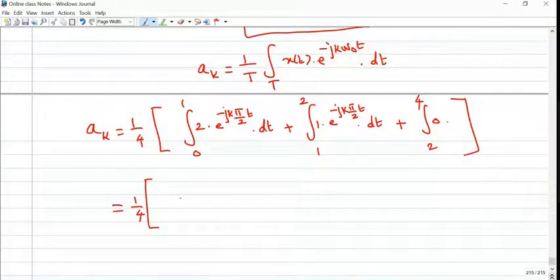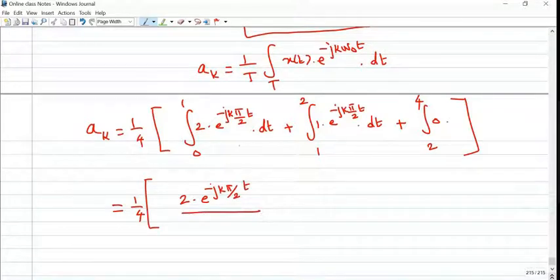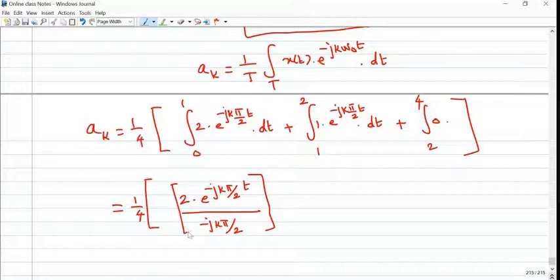So 2 constant, e power minus j theta, so e power minus j theta divided by the differentiation of this particular term, so minus jk pi by 2. Substitute 0 to 1.